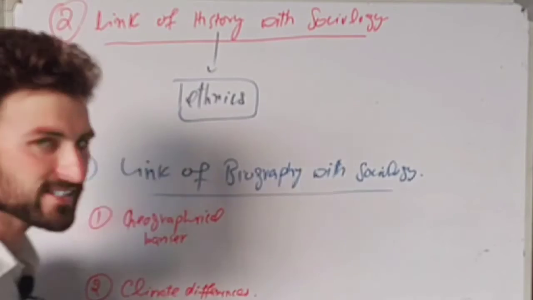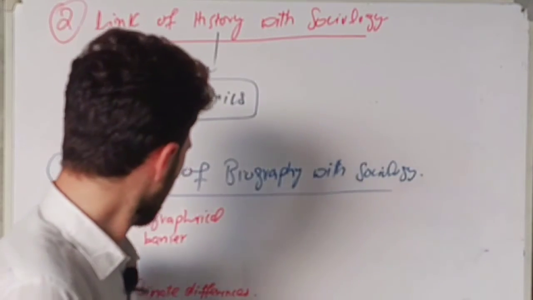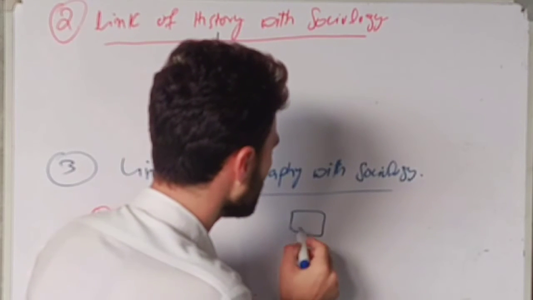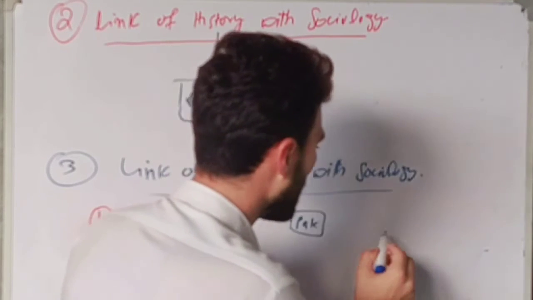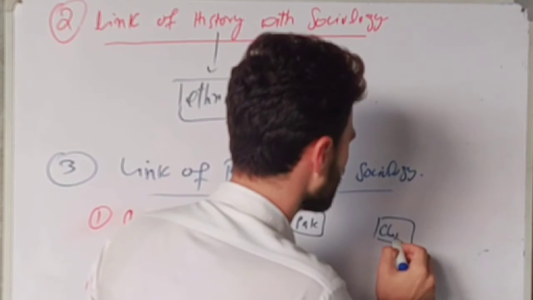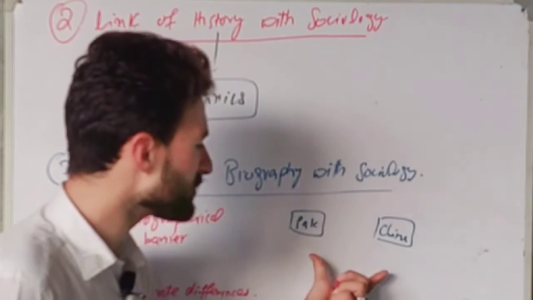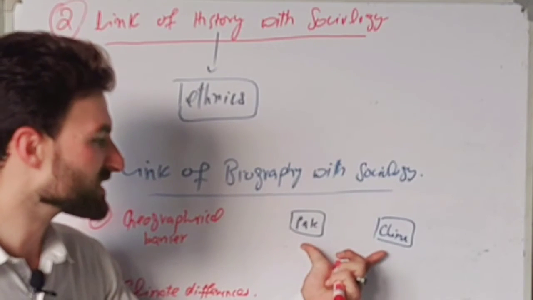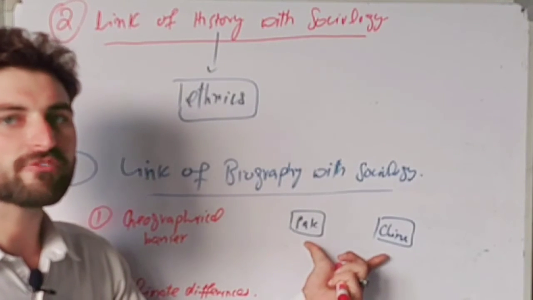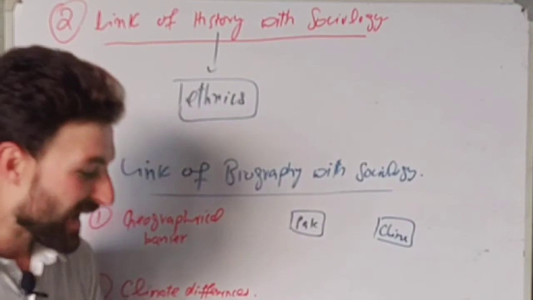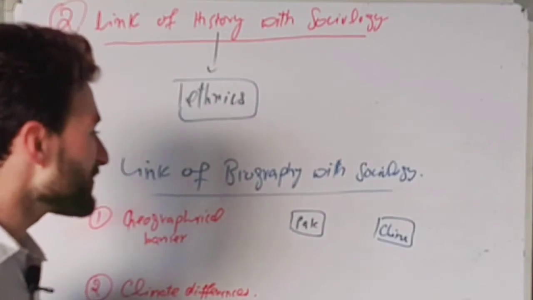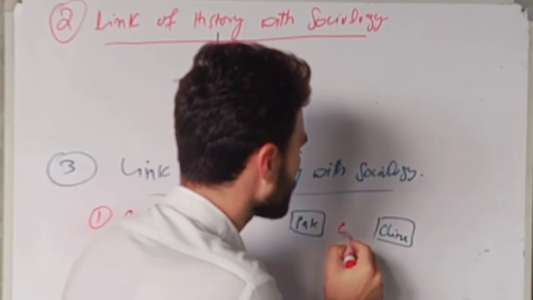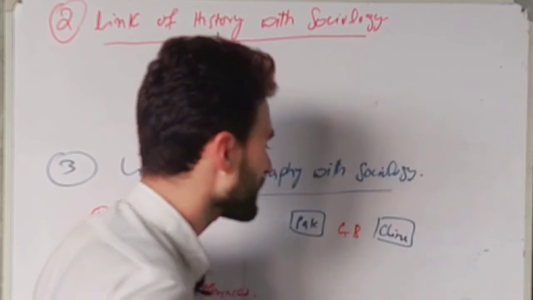Now let's try to understand these two points. If I take Pakistan here and China here, if we observe the cultures or societies of these two countries, they will be very different from one another, and the best reason is that they are different because of geographical barriers.